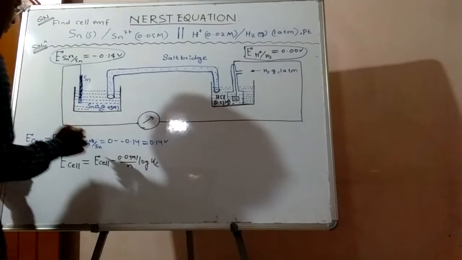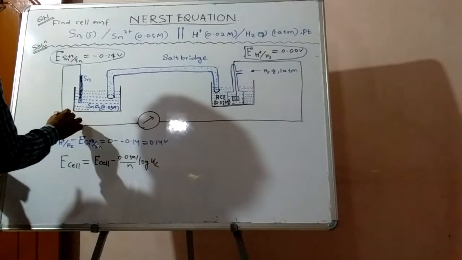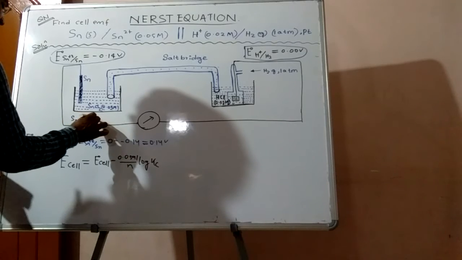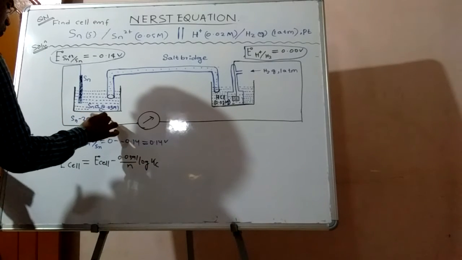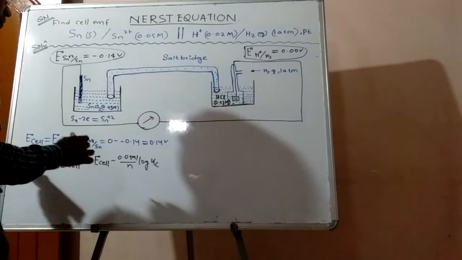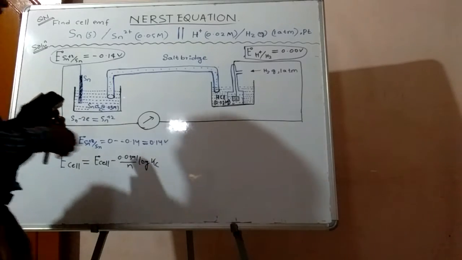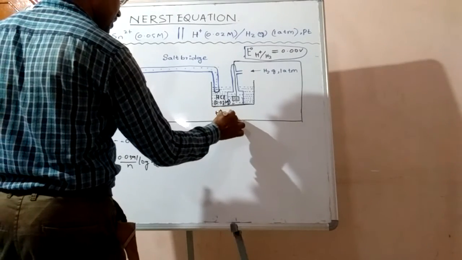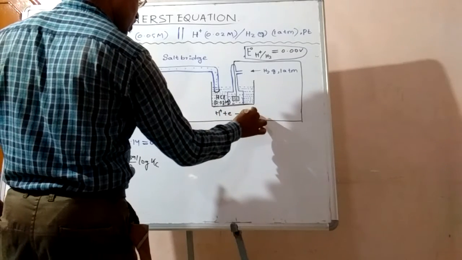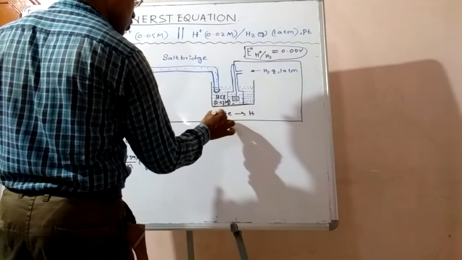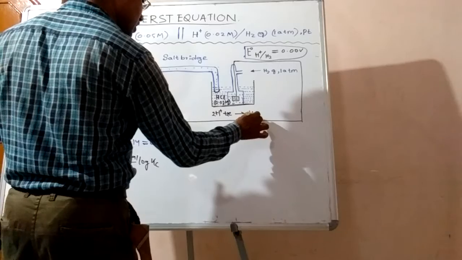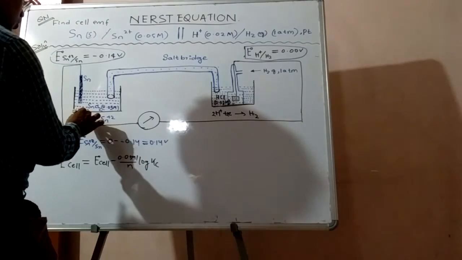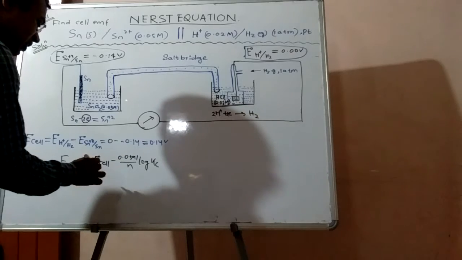For n, we have to write the oxidation half reaction. Sn atom loses 2 electrons and is converted to Sn plus 2. Similarly, for the reduction reaction, H plus ion takes up electron and is converted to H, and if we apply 2, then this is H2. So the number of electrons transferred is 2, so the value of n will be 2.